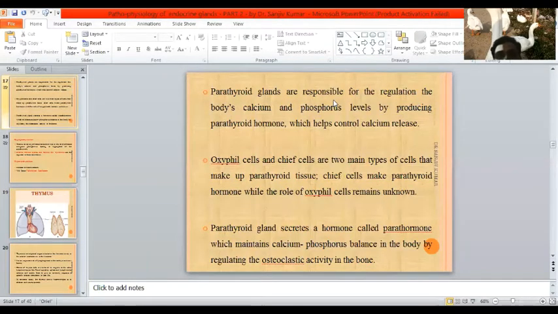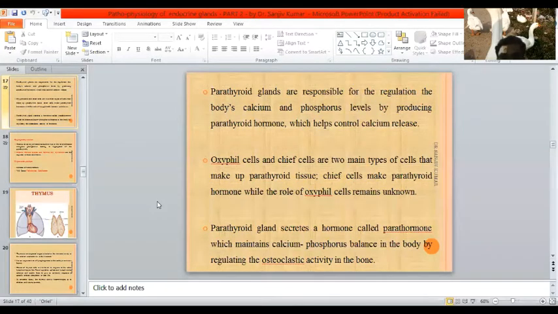So this is an important gland, and its secretion is important for homeostasis of calcium and phosphorus level in the body. This gland has two major cells: oxyphil cells and chief cells. The chief cells are responsible for formation of parathormone, which is important for maintaining calcium phosphorus balance in the body.